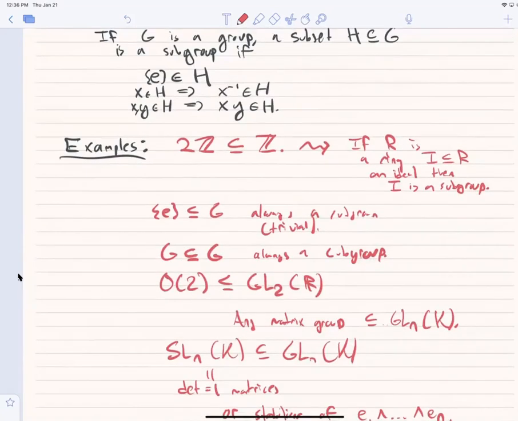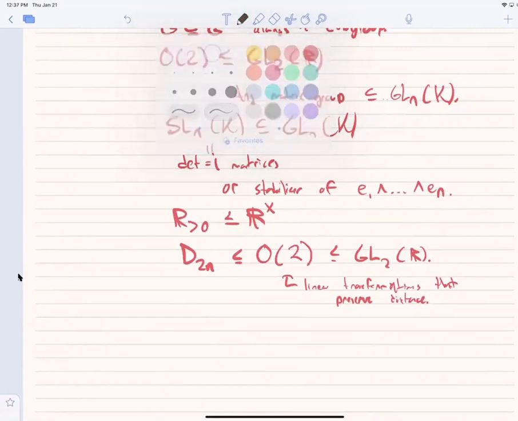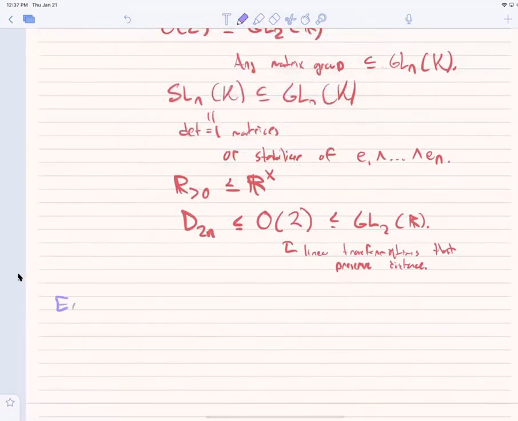So let's move on from here. Let me do another example definition.